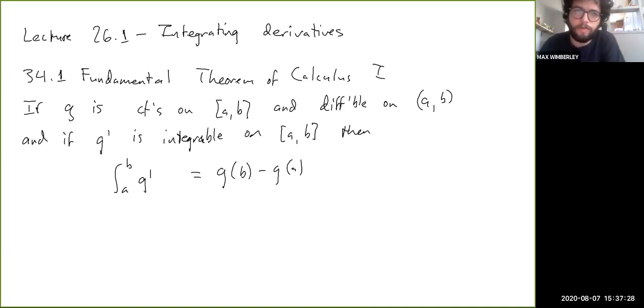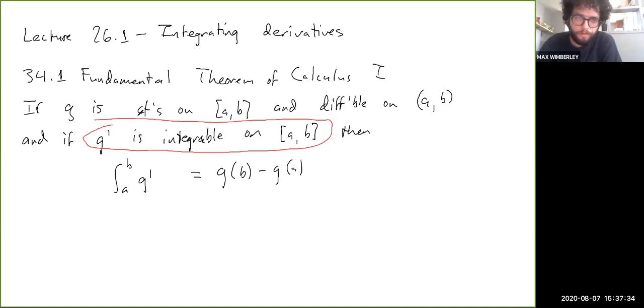So there's one little detail here. The thing is that G prime is only guaranteed to be defined, really only defined, on the open interval (A, B) in this setting, right?